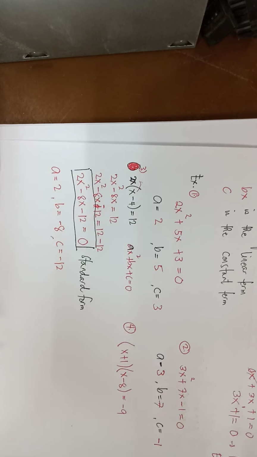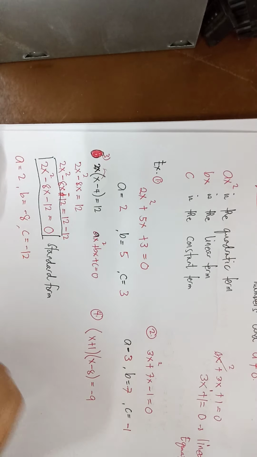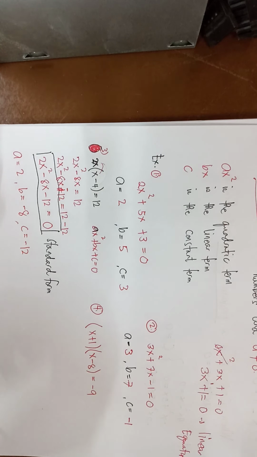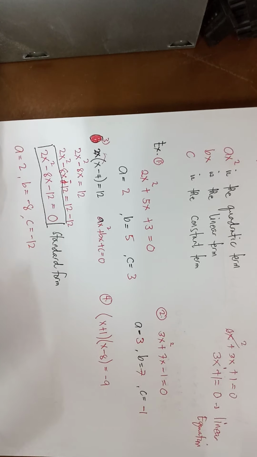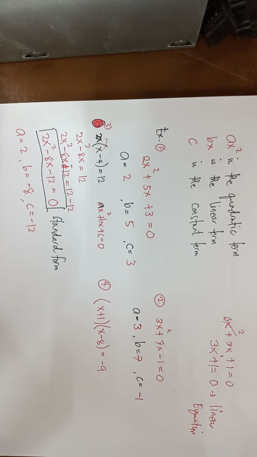Okay, that's all. So again, if the quadratic equation is not in standard form, we have to transform the equation into its standard form to identify the values of A, B, and C.